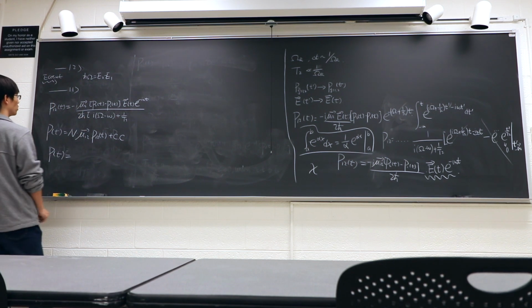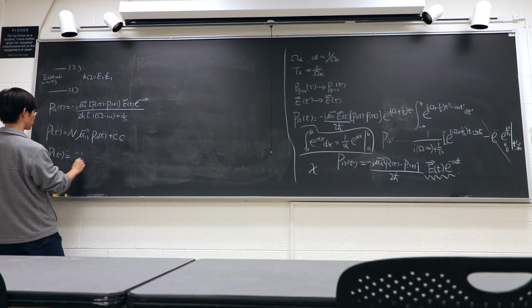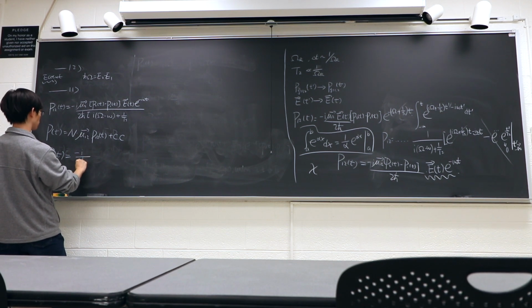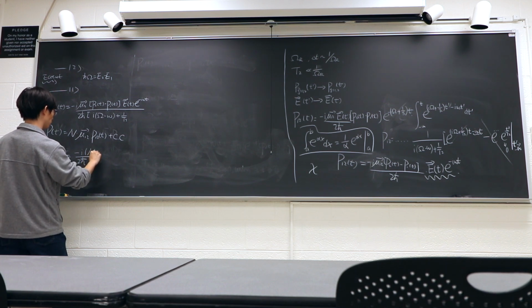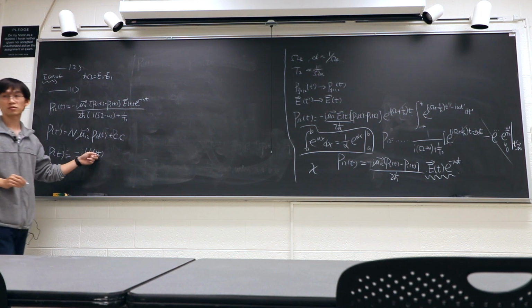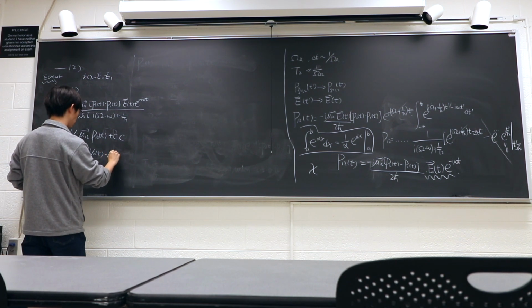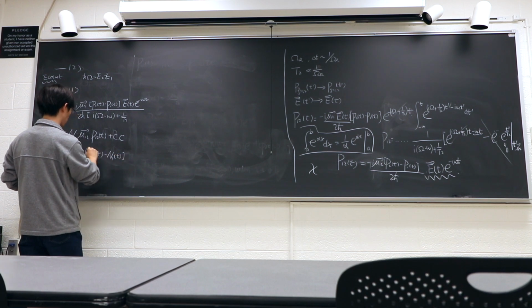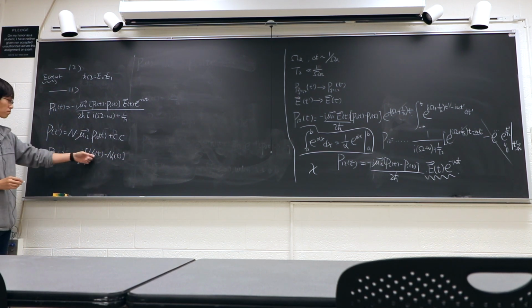Okay. So let's do this one. Minus I over 2H bar. You have N2, the number of atoms in excited state, minus N1, the number of atoms in ground state.